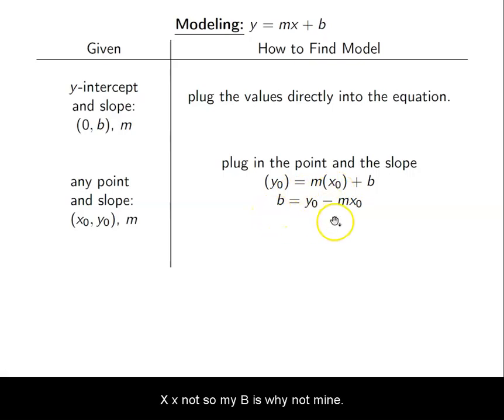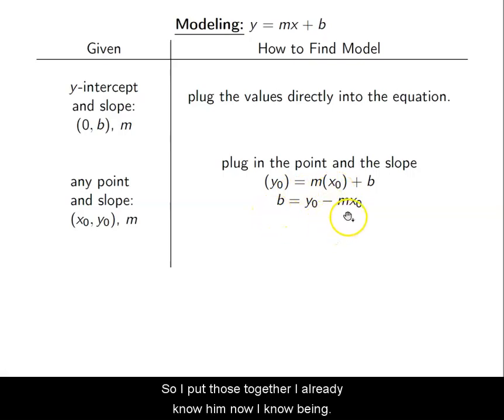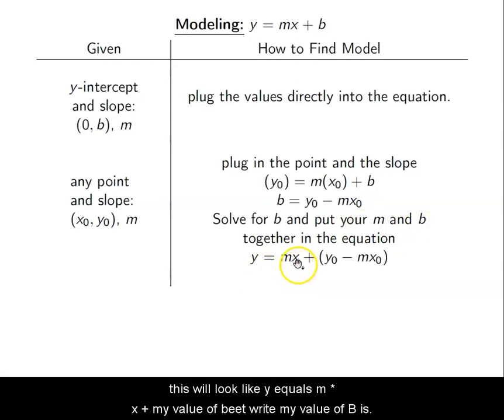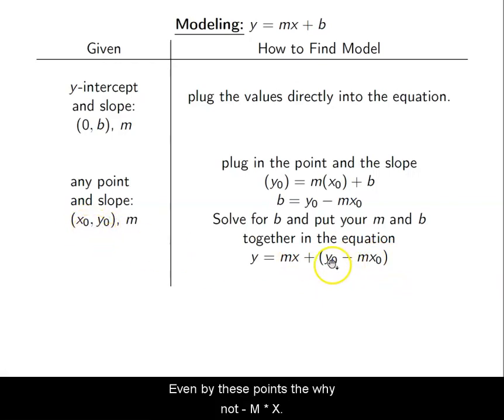So my b is y naught minus m times x naught. So if I put those together, I already know m, now I know b, right? I solve for b and put m and b together in my equation. So this will look like y equals m times x plus my value of b, right? My value of b is given by these points, the y naught minus m times x naught.